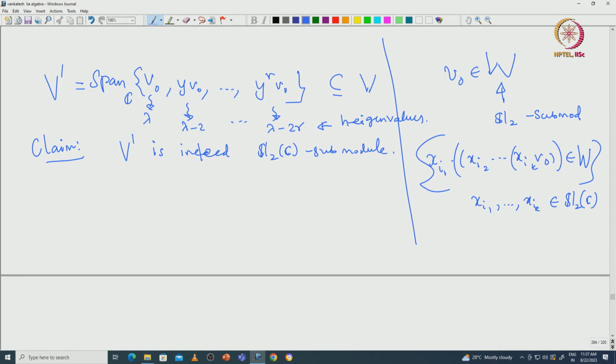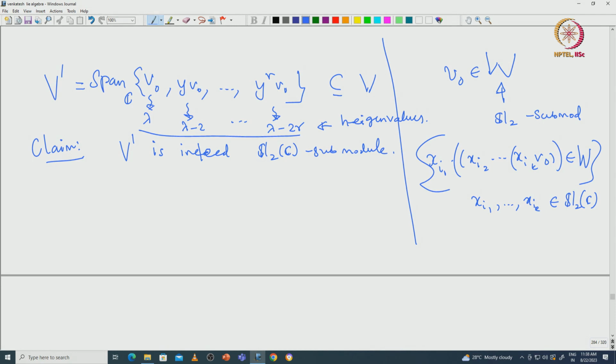Also, because we have chosen r in such a way that y power r plus 1 is 0 and y power r is non-zero, and this is a cyclic space corresponding to the operator y, you can prove that this will be linearly independent. Anyway, because they correspond to distinct eigenvalues, they have to be linearly independent.